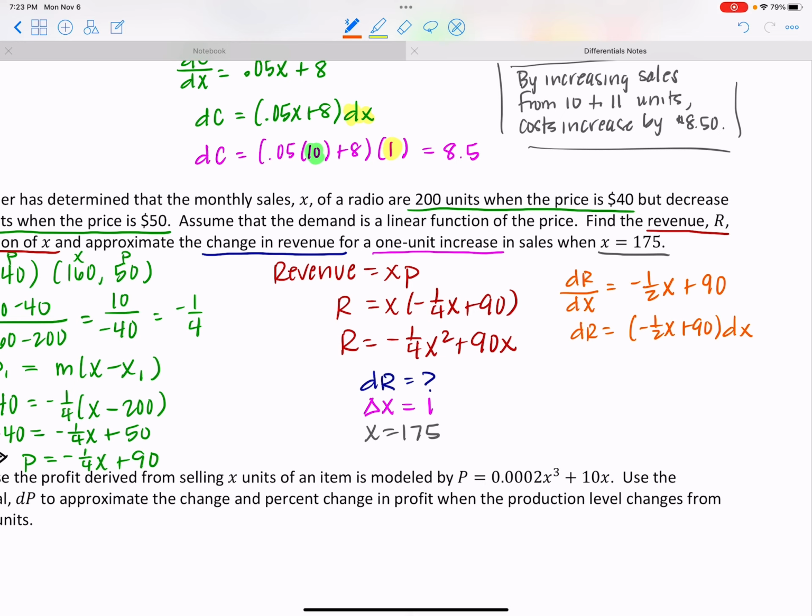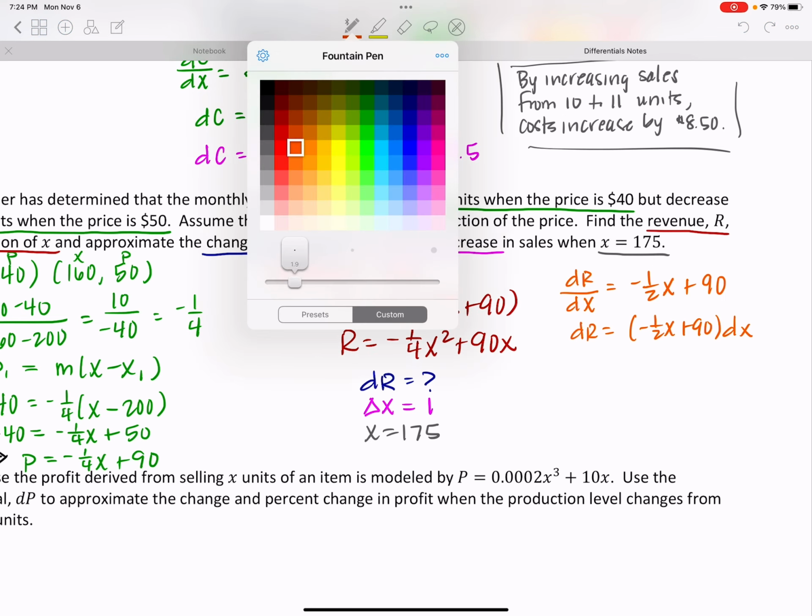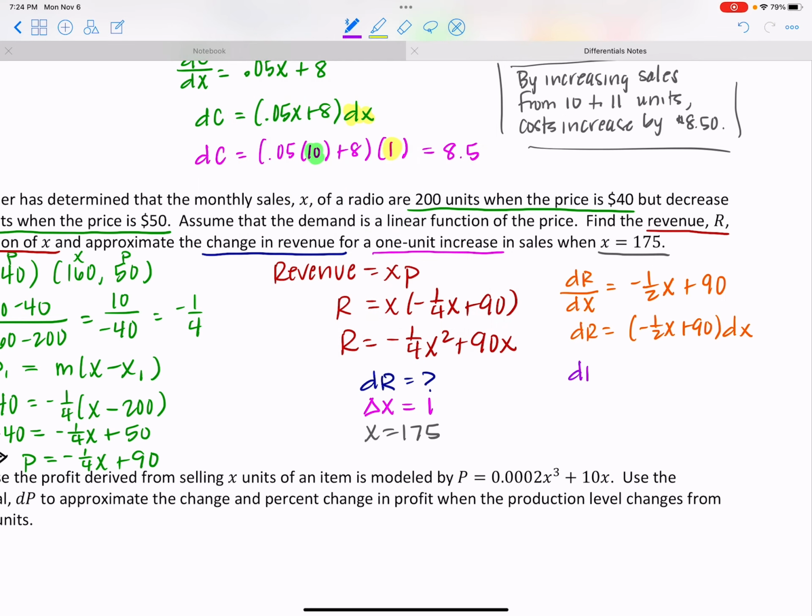And now we're going to evaluate that formula at the change of x of 1 and x value of 175. So dr, maybe I need another color. Purple. Looks good. So we'll say dr is negative 1/2 times our x value, 175, plus 90 times dx, change in x, 1.